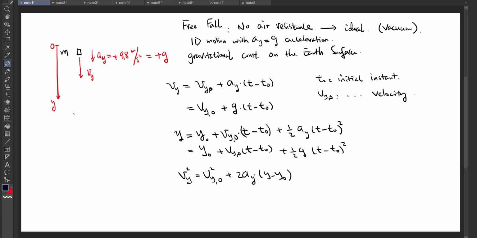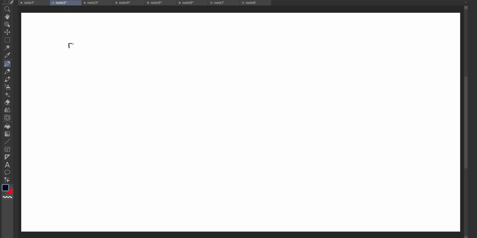But what if I build the y-axis in the opposite direction? What will happen to all these equations that we used here? Now here is still the same mass doing free fall, and there's a Vy, and Ay is still pointing downward, but we build the y-axis to be upward.